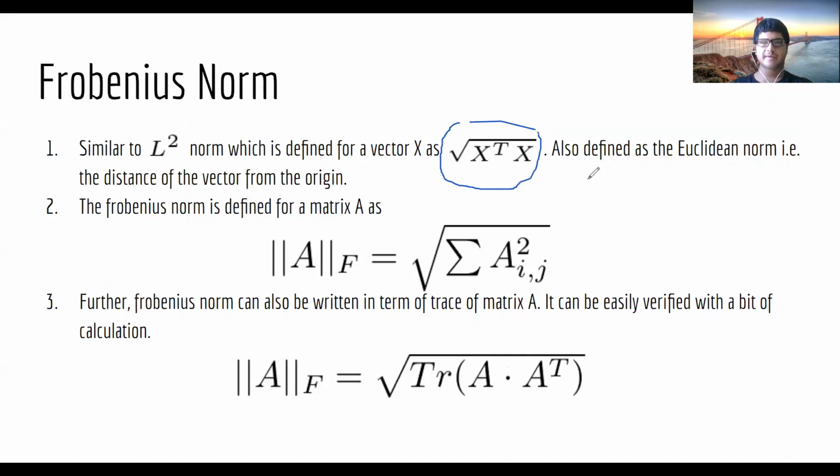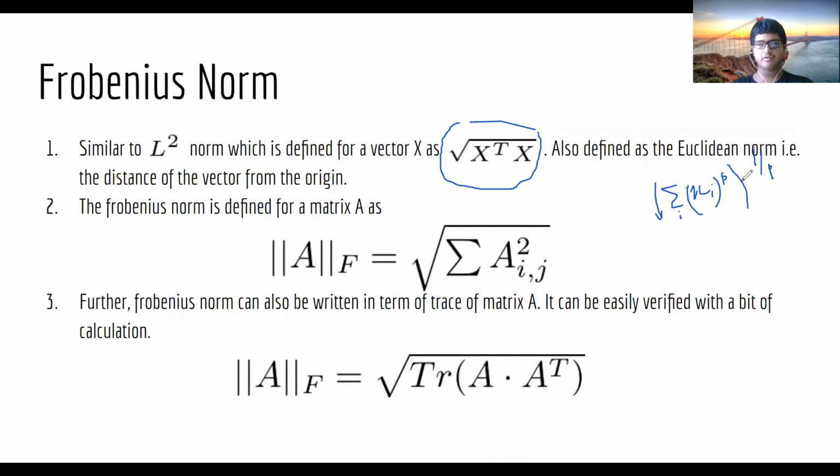Basically, there is a definition of the Lp norm, where it is the summation of all the individual elements to the power p, and taking its 1 by pth root. If you want, I can write the formula. You take each element's power p, sum over all the elements, like we do for squares, and then take the whole to the power 1 by p.